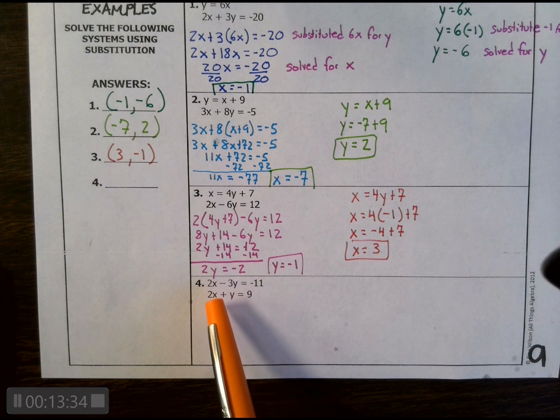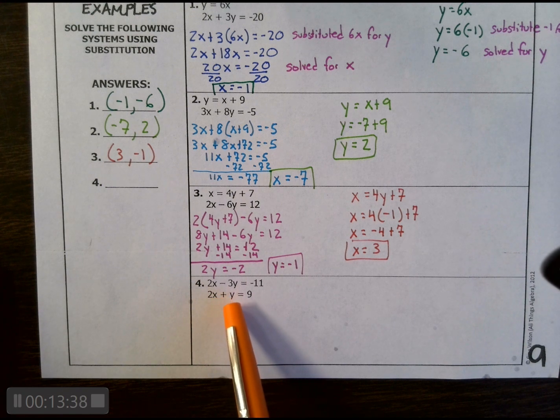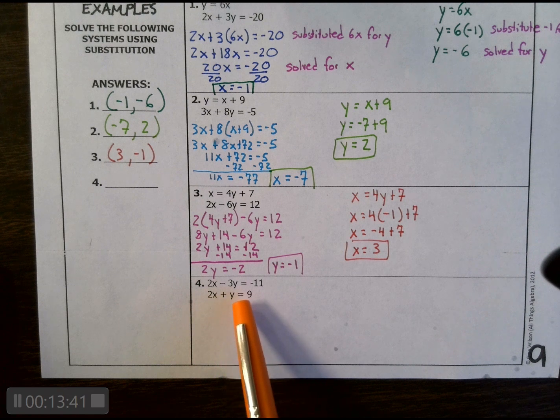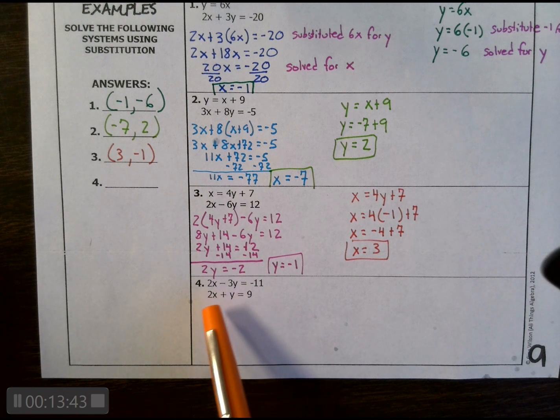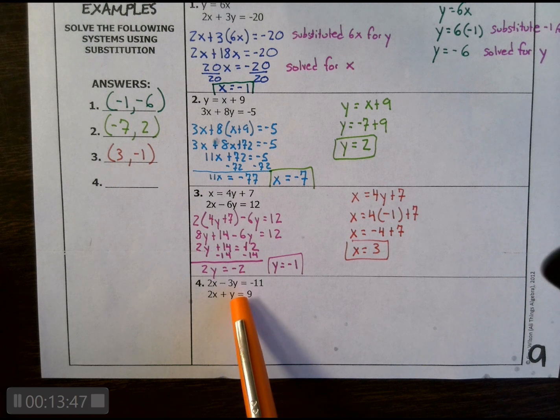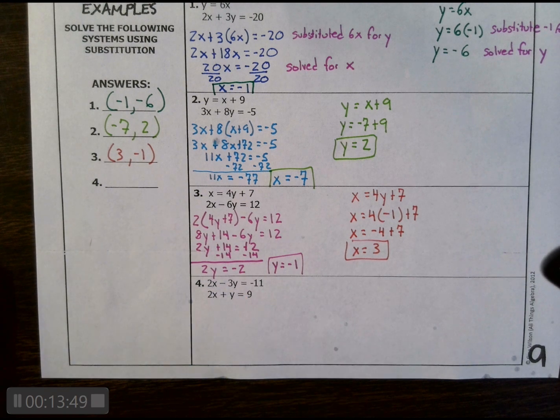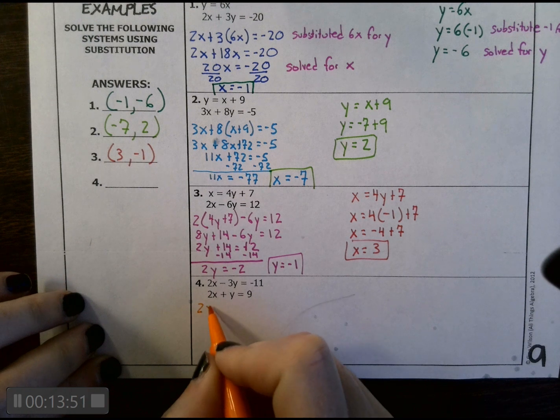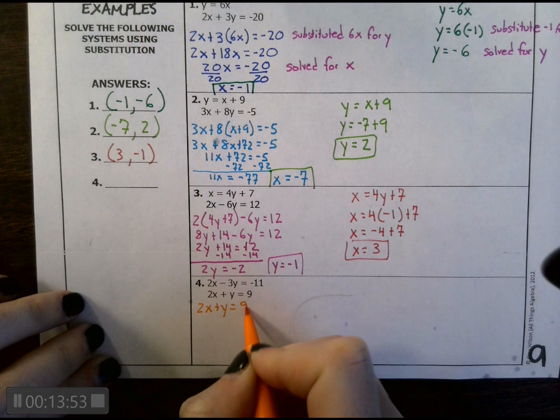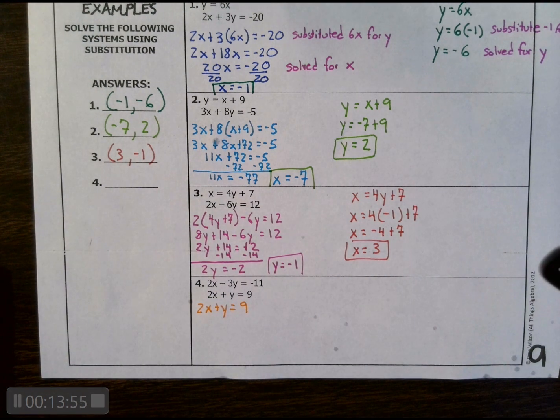Move to your next equation, okay? There's a 2 in front of the x. There is no number in front of this y. So use the equation with no number in front of the letter to solve, okay? So I'm going to copy down the 2x plus y equals 9, because for the first time we actually have to do step 1, okay?